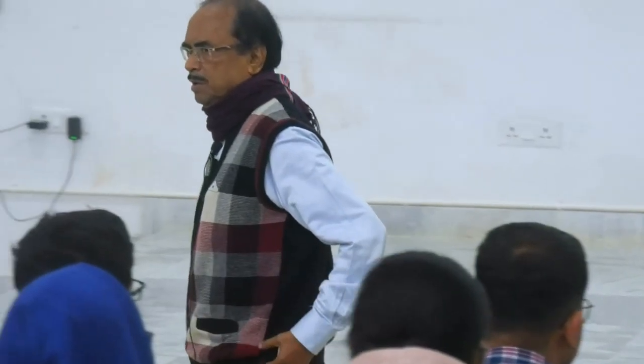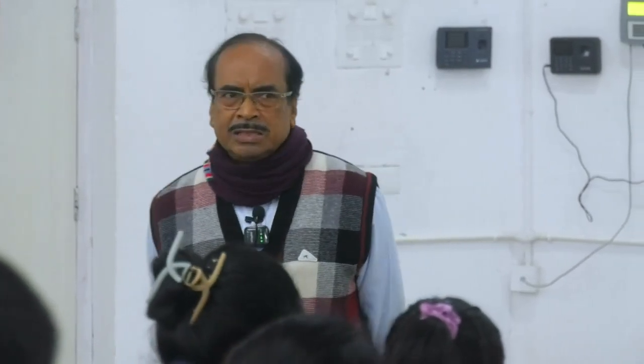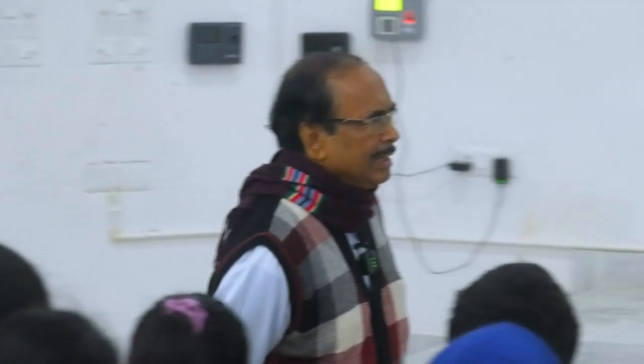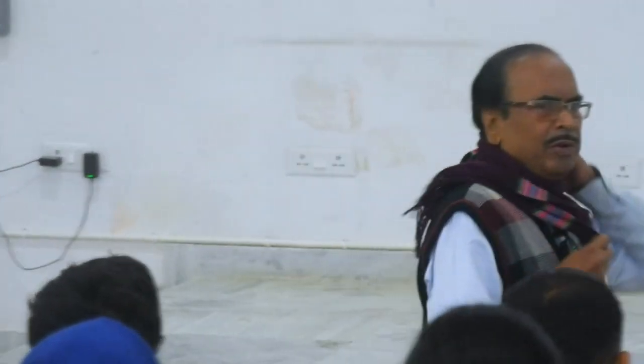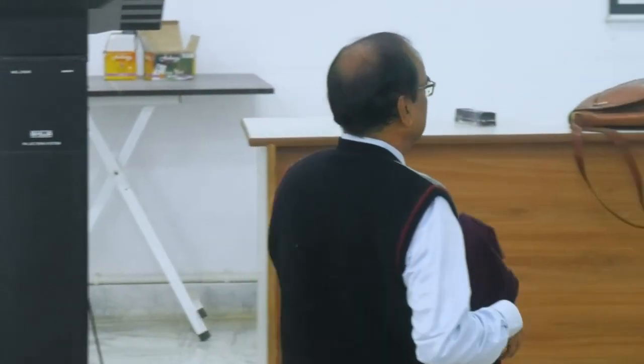Number one is nutrition and food. If the person is malnourished, he will suffer from different diseases. You definitely know, because nutrition is directly related with the immunity status of your body. This immune system is directly related with the nutritional status of the person.